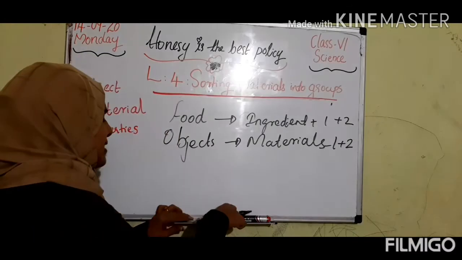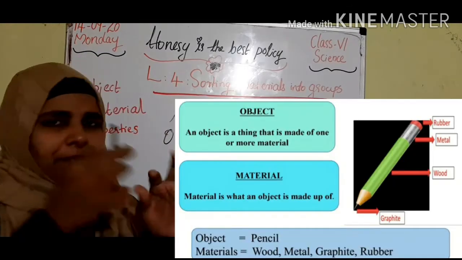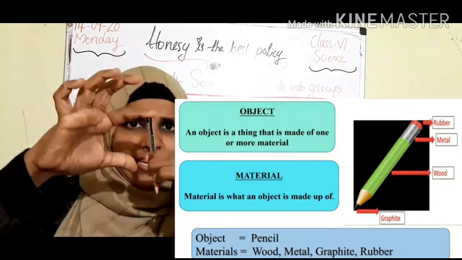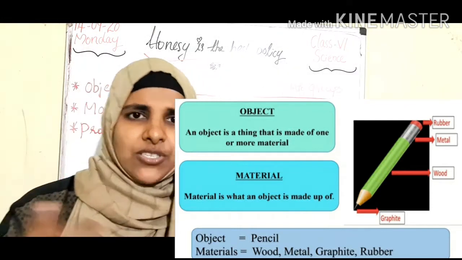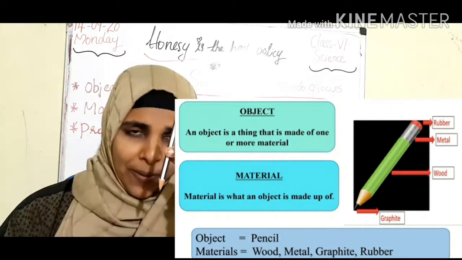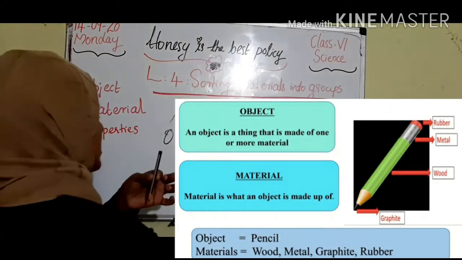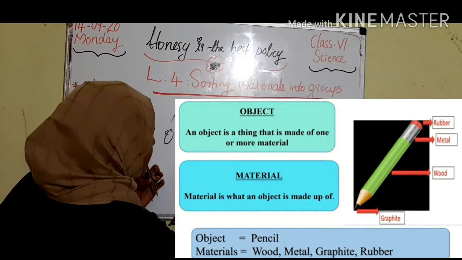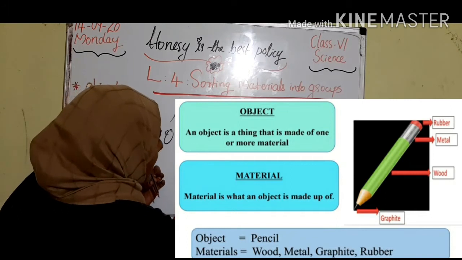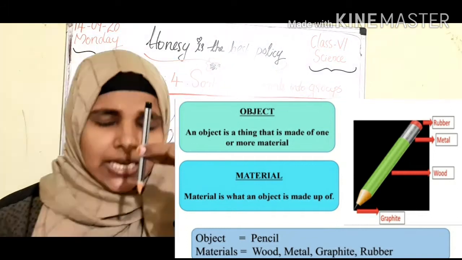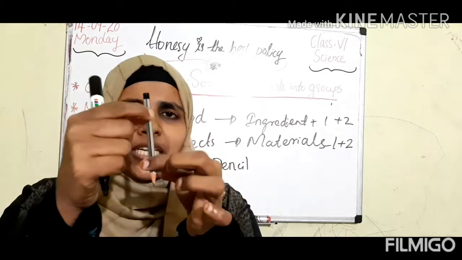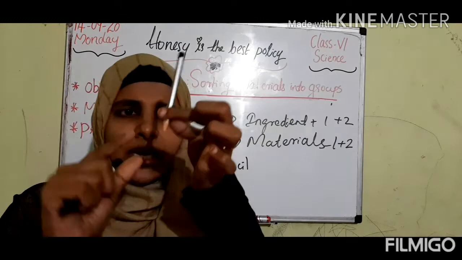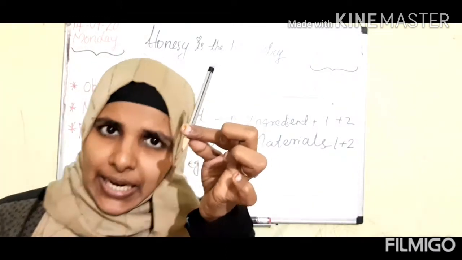Suppose I take this example, a pencil. Some pencils have an eraser, right? This one doesn't have an eraser. This is one object, and this object is made from different types of material. In this pencil we are using wood, then graphite, is it?